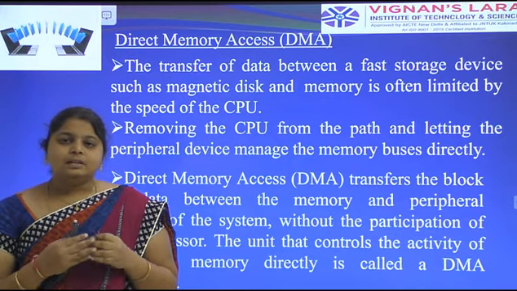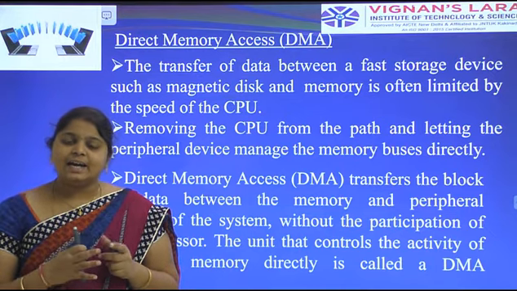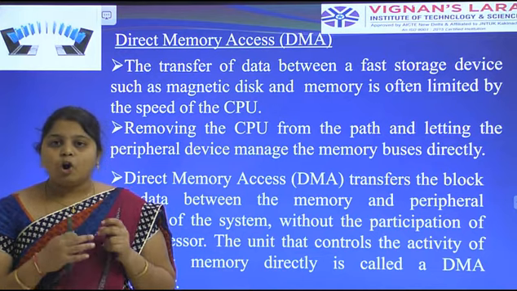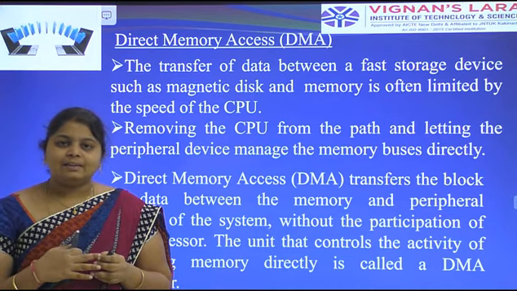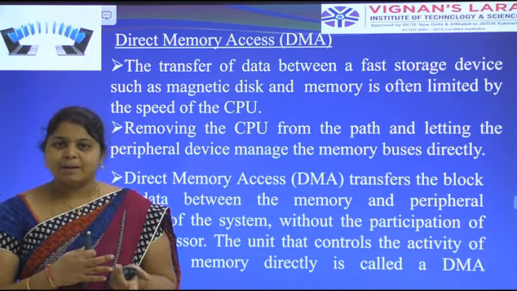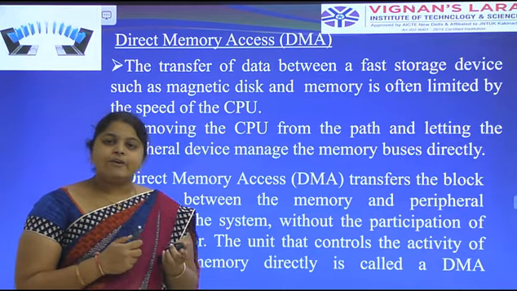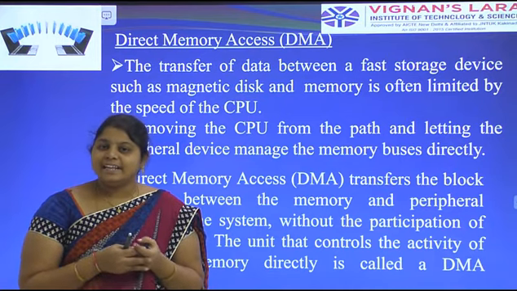Here the CPU has to check whether the data coming from the I/O devices is available or not. The loop is repeated again and again. That's why the CPU utilization is not efficient. In programmed I/O the CPU is in an idle state, that is, a waiting state.